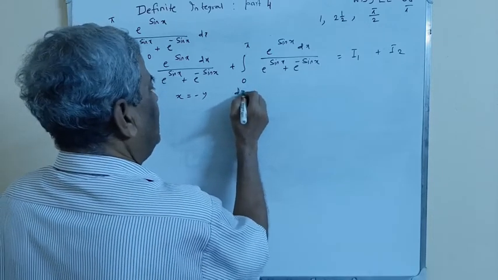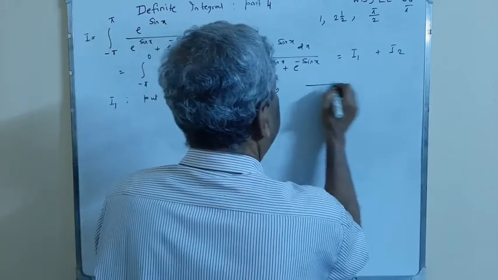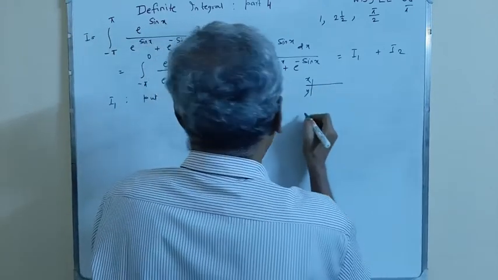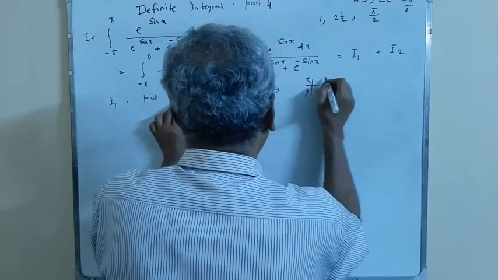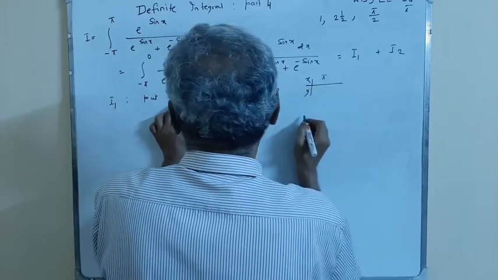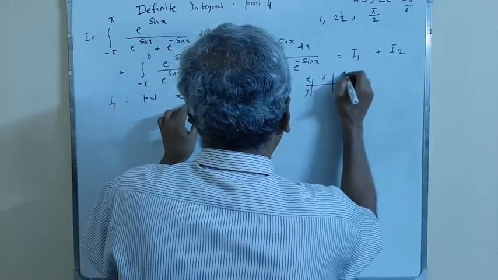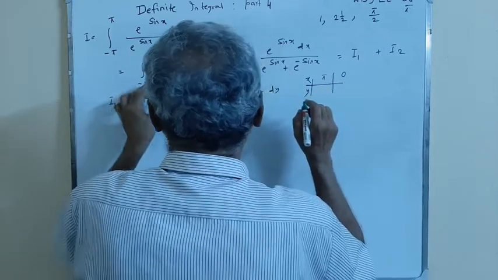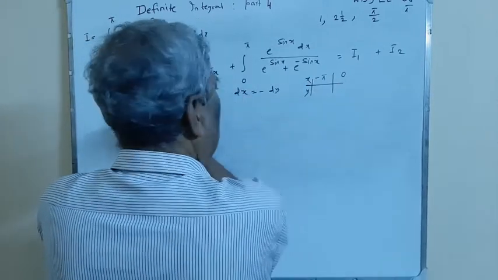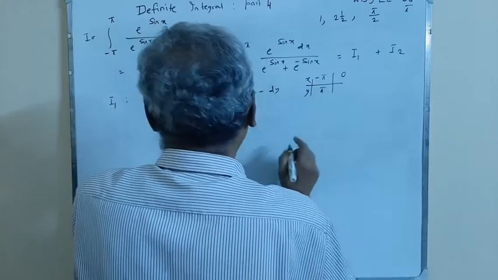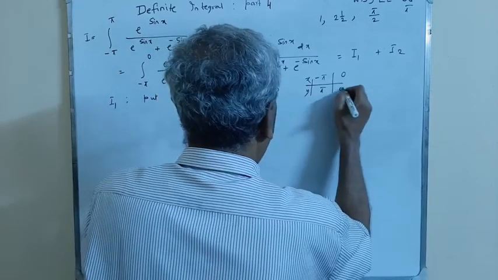Change of variable: dx is equal to minus dy, and change of limit from x to y. When x is equal to minus pi, y is equal to plus pi. When x is equal to upper limit 0, y is equal to 0.